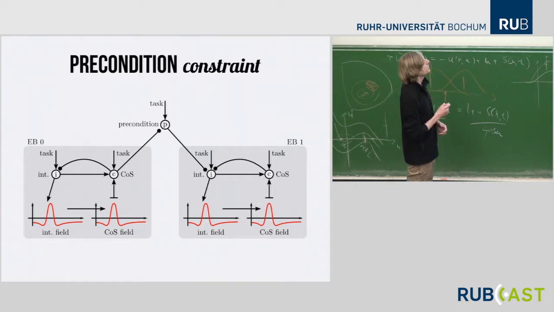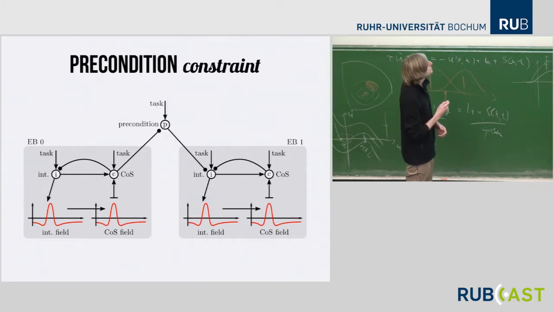So we have another node, call this a precondition node, and this is active from the start. It inhibits the intention node of the second behavior, so this cannot be activated at the beginning. Okay. So if you activate this little architecture here, this intention node is activated, so this can run, but this is inhibited, so it cannot be active right now.